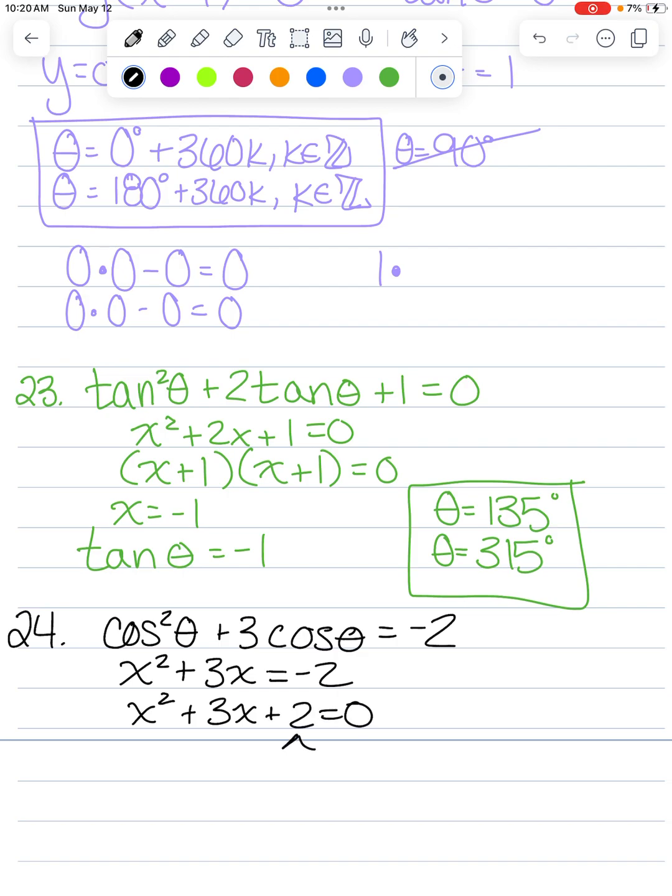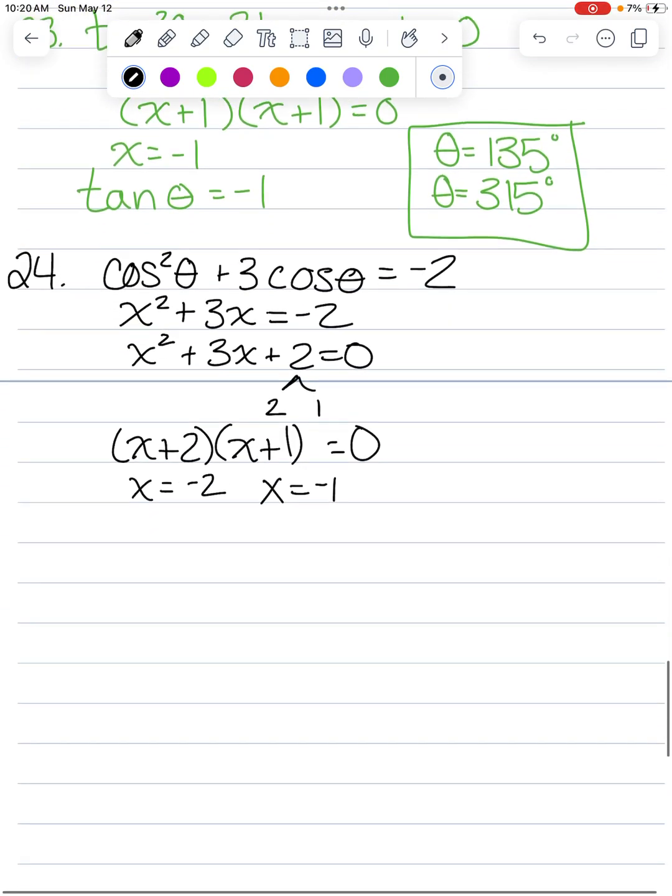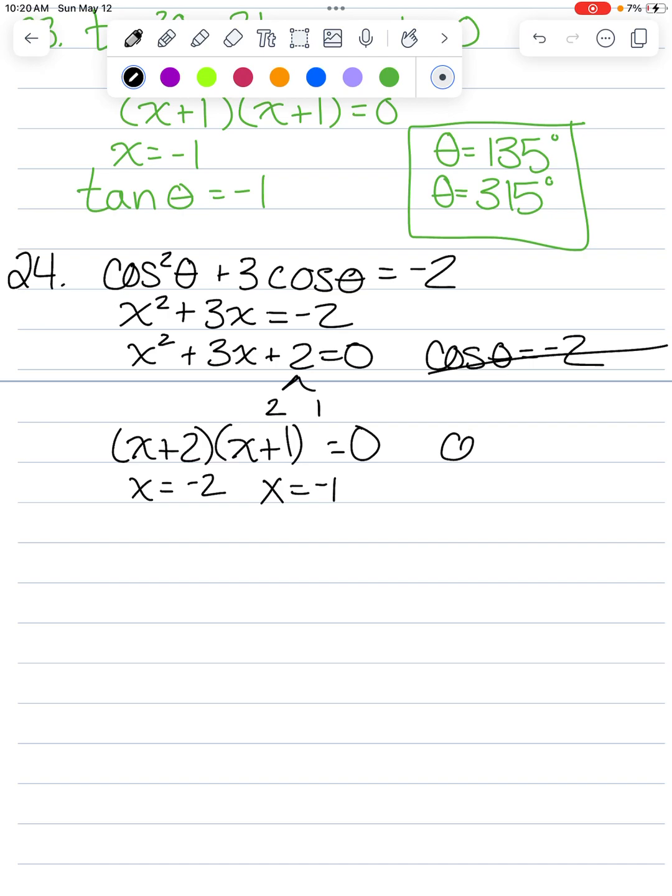Look for two things that multiply to 2 but add to 3. Those things are 2 and 1. X plus 2, x plus 1. X is negative 2, x is negative 1. Remembering it was never actually x, it was cosine. Cosine of theta is never going to reach negative 2, so that's not helpful. Cosine of theta equal to negative 1, on the other hand, happens at 180 degrees.